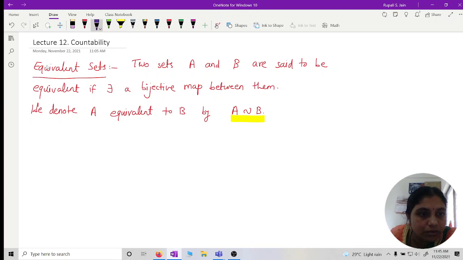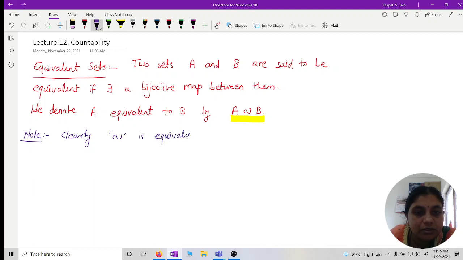Note, we can easily show that this tilde is an equivalence relation.